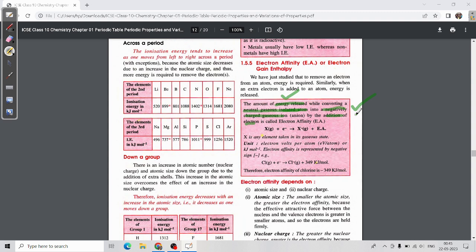In ionization energy we take away one electron, so we are adding energy. Here we are adding an electron to form an anion, and it will release electron affinity.